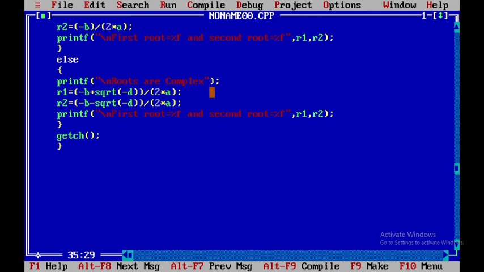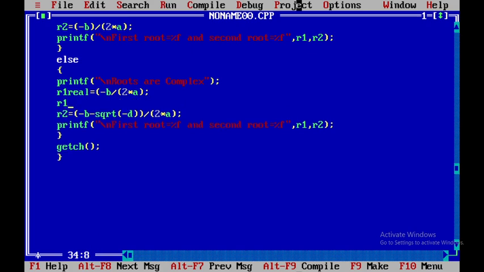Real part is minus b divided by twice a, and imaginary part is r1 real and r1 imaginary. r1 imaginary is sqrt of minus d divided by 2 star a.